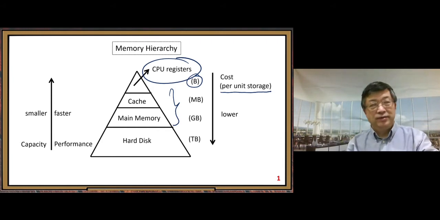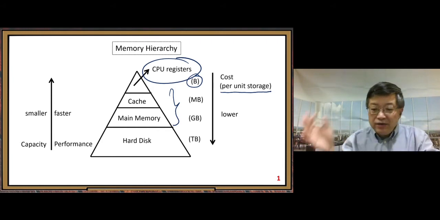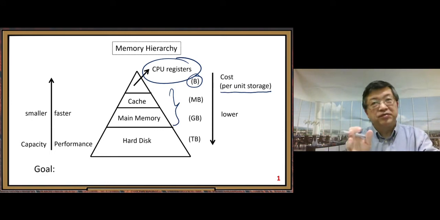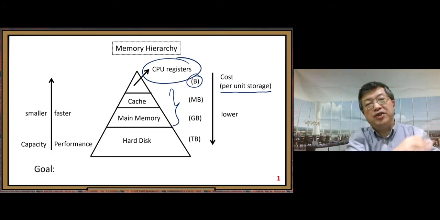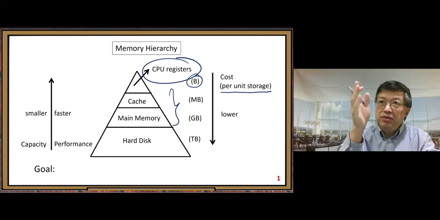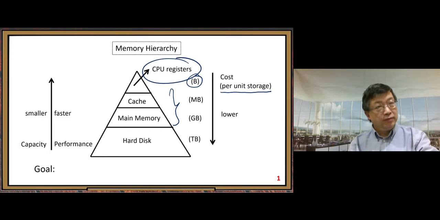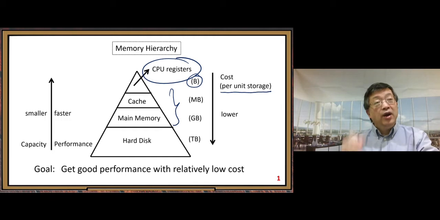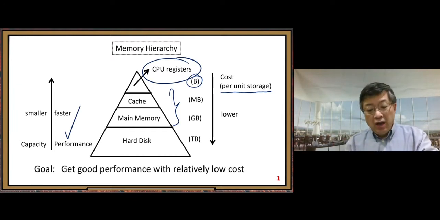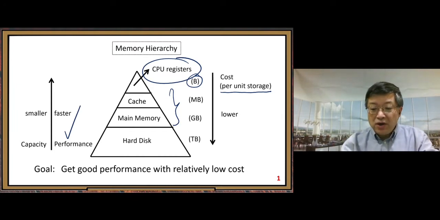All right. With this understanding of the properties, we want to take advantage of them. So what is the goal in our computer system design based on these properties? The goal is very simple. We want to get good performance with relatively low cost.